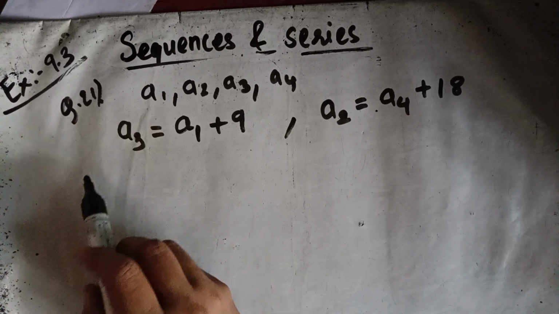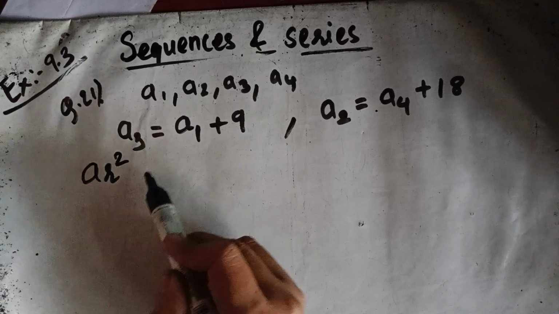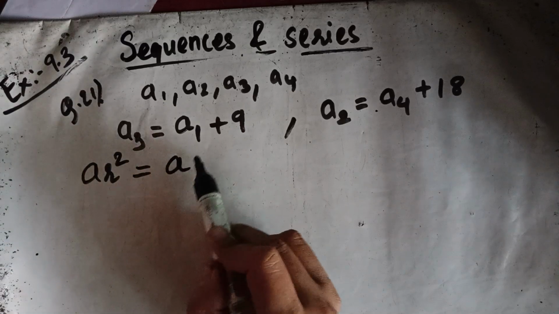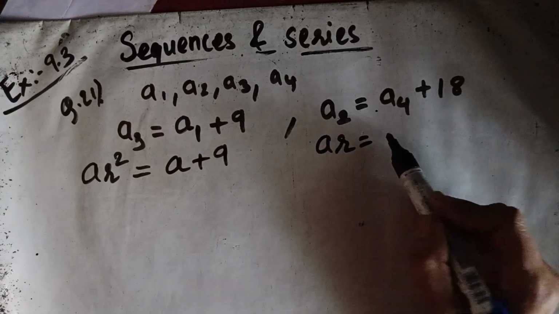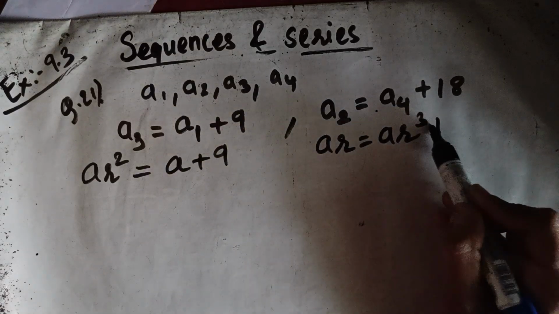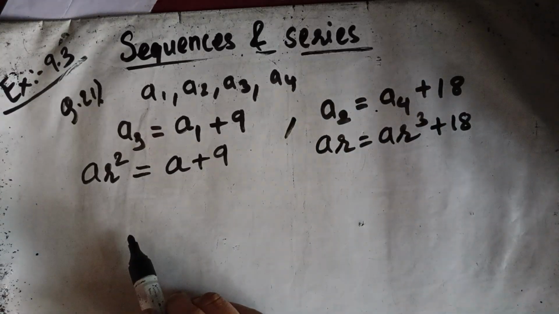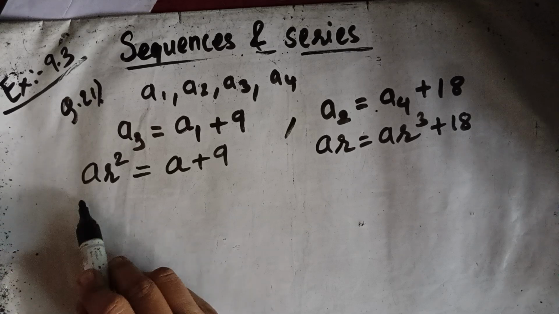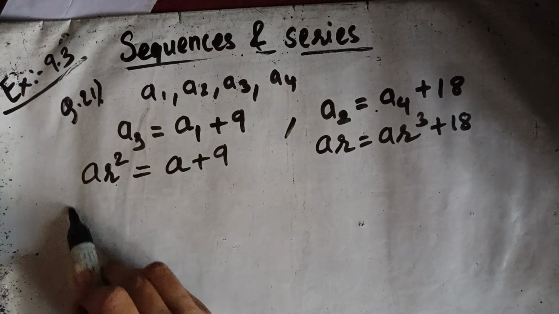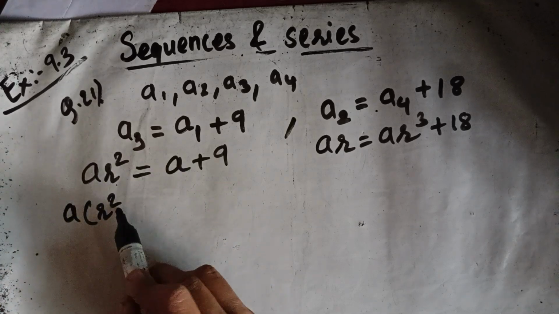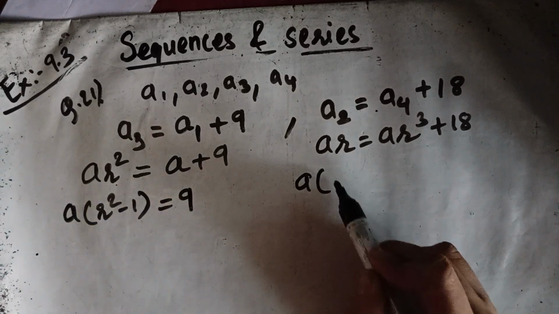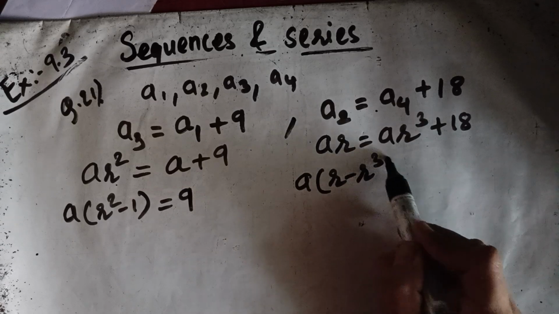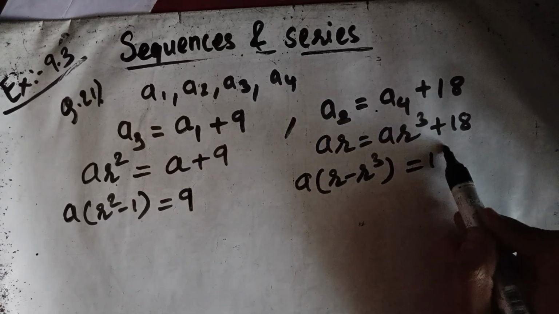So A3 can be written as AR square. A1 is A. So we have two equations, that is AR square minus A, which is A into R square minus 1, equal to 9. This is AR minus R cube equal to 18.